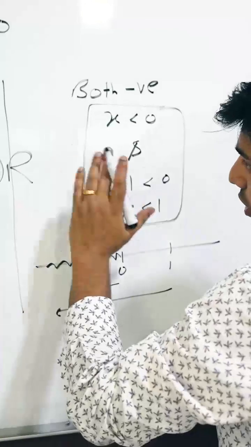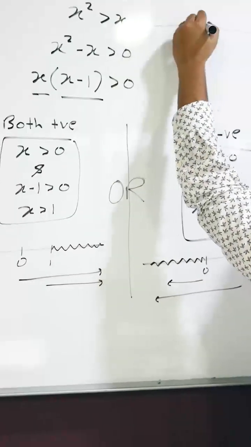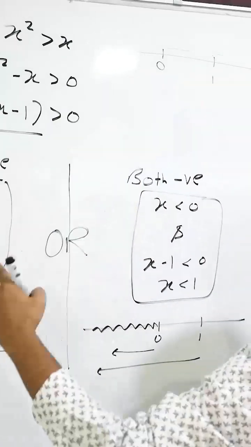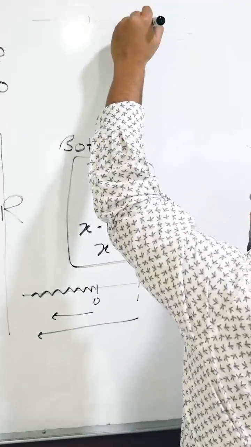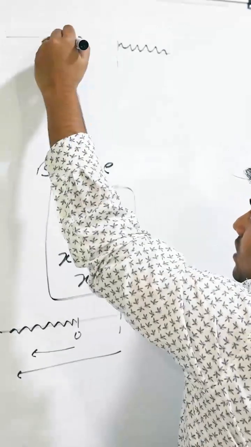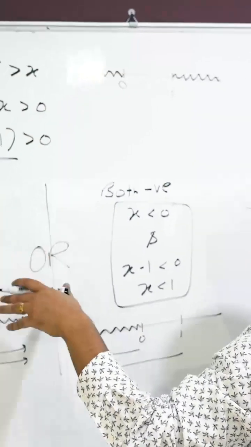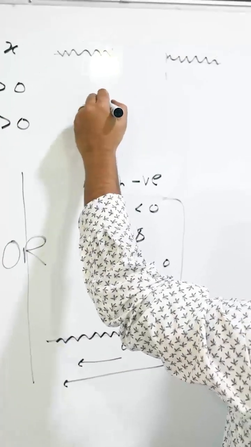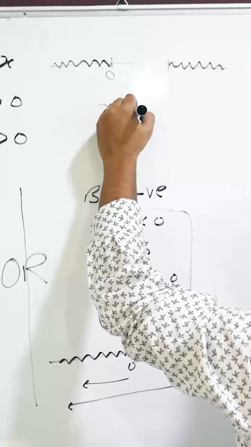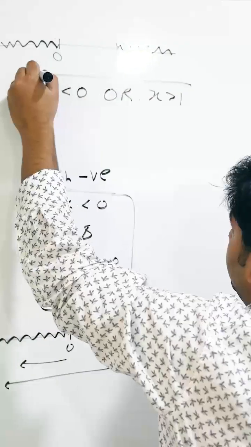So when I decoded both the scenarios, what is the final outcome? I can clearly see, based on this outcome, x will either be more than 1 and based on this outcome, x will be less than 0. So do you realize this is the best way of solving an inequality, and I get the range as x is either less than 0 or x is greater than 1.